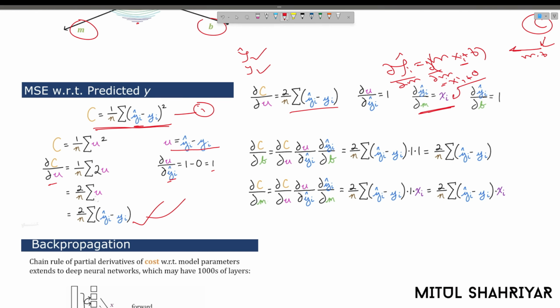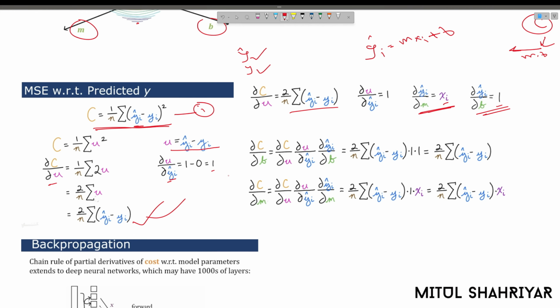We got this, and again follow this process and we will get this one. So this is how it is done. Let me just write it: yi hat equal to m xi plus b. Follow this process again, differentiate, and you will get xi, and for dyi by db, you will get 1.